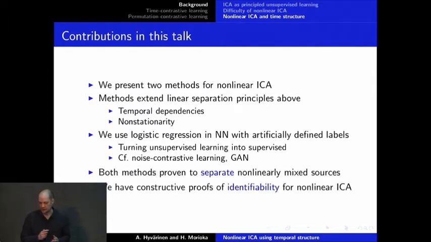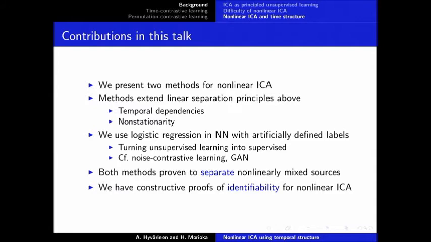And importantly, although in the beginning I will introduce the methods with a rather heuristic motivation, what we can do then is analyze these methods, and we can prove that they do separate sources which are nonlinearly mixed, which means that we actually have a constructive proof. Well, actually, two constructive proofs, one for each case, of identifiability for nonlinear ICA. So basically there are two different things here.